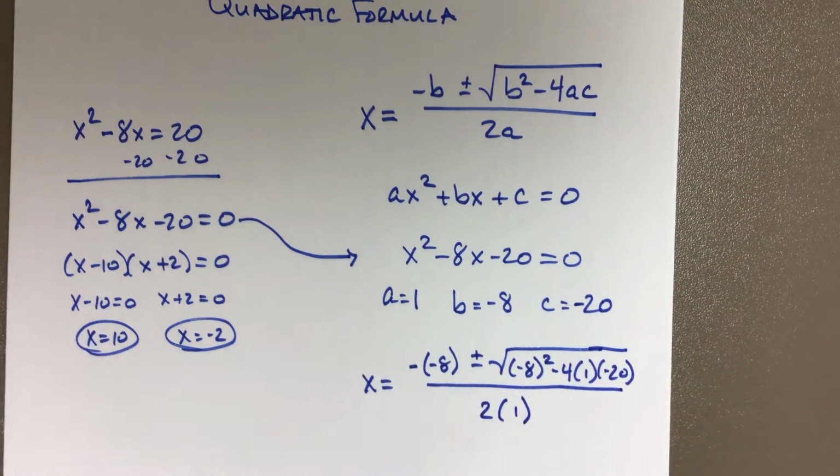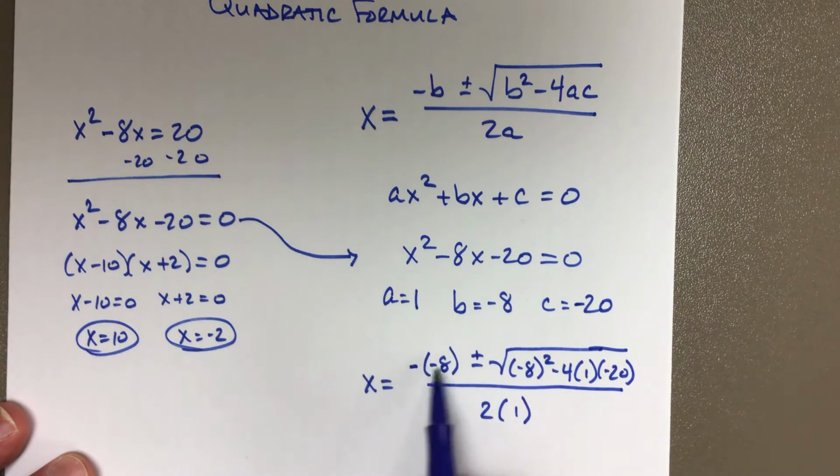I would highly recommend you put everything in parentheses, because that way you can see which ones change, and that this becomes a positive and this becomes positive over here.